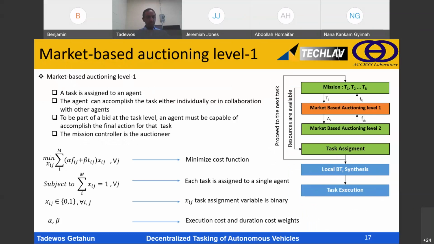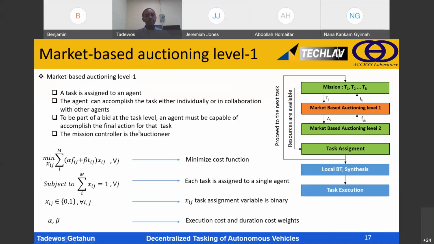In more detail, we have here market-based auctioning level 1. Here we are just talking about the task, which, as I mentioned earlier, can have multiple actions. So the agent can accomplish the task either individually or in collaboration. If it requires collaboration, it will use level 2 auctioning. Otherwise, it will only use level 1 auctioning.